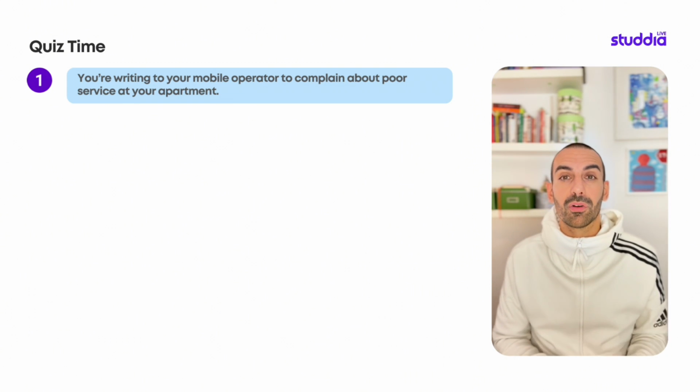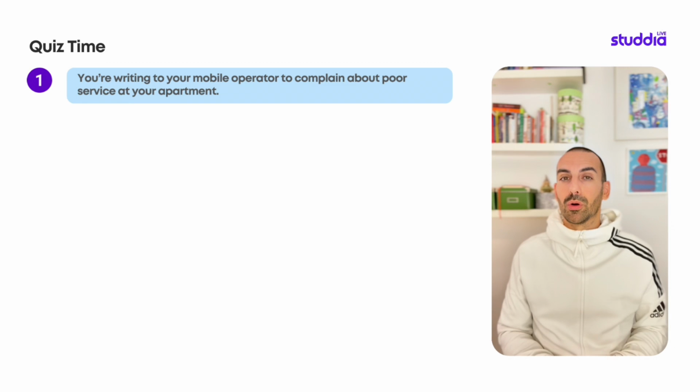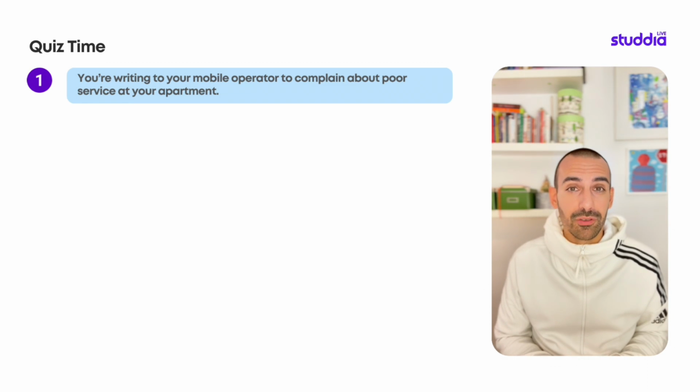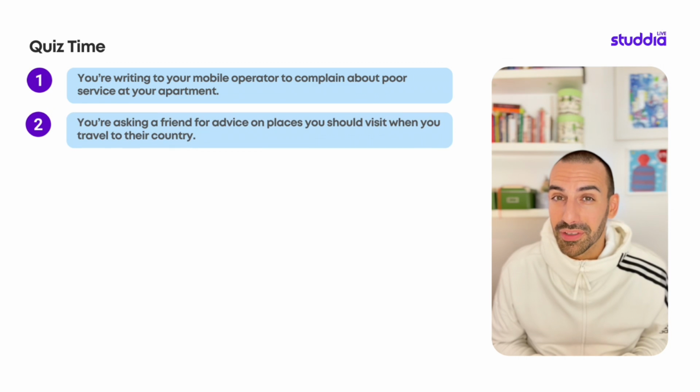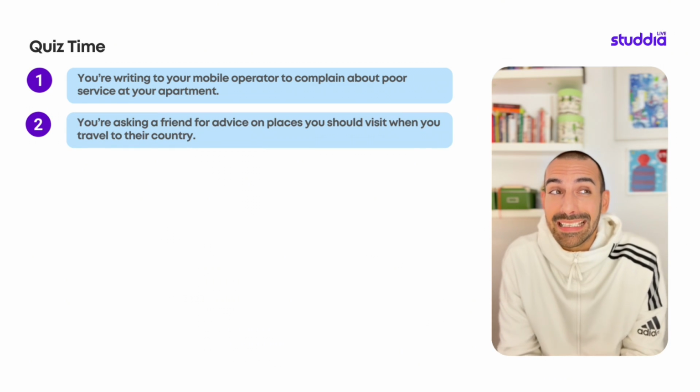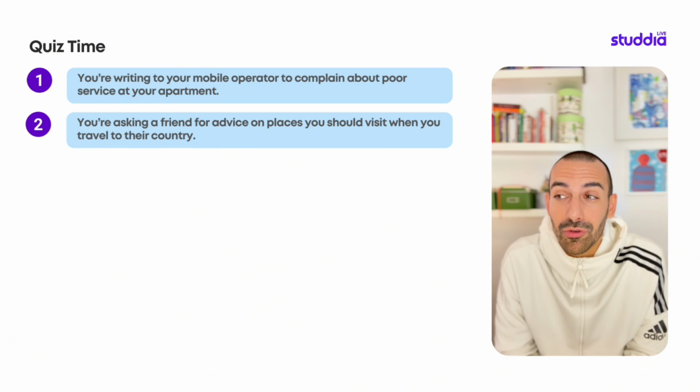What do you think? Formal, semi formal, or informal? Situation number two: you're asking a friend of yours for advice on places you should visit when you travel to their country. What type of letter would that be?